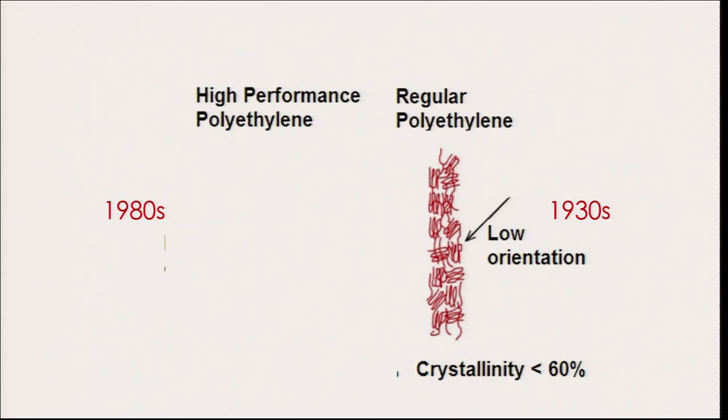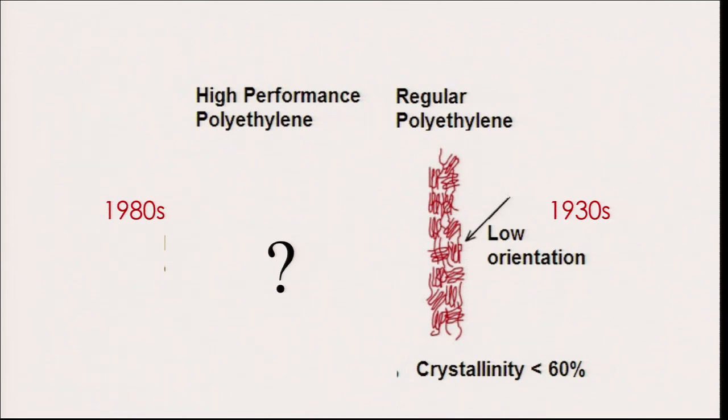These materials have been known since 1930s. Now, the high performance polyethylene, how do we make that? If you know, the high performance polyethylene actually came into being only in 1980s. That means, after 50 years of the regular polyethylene.